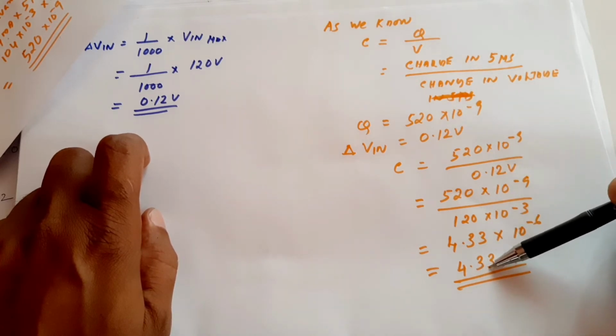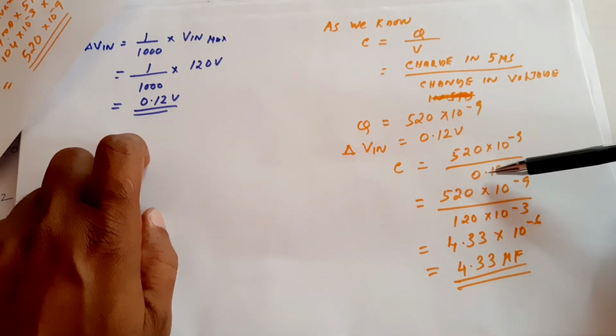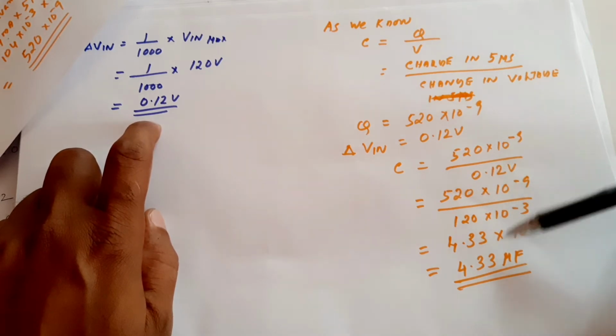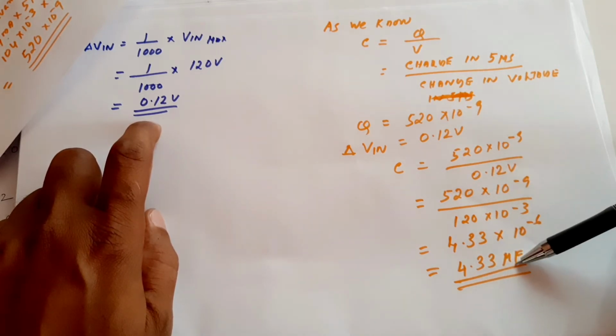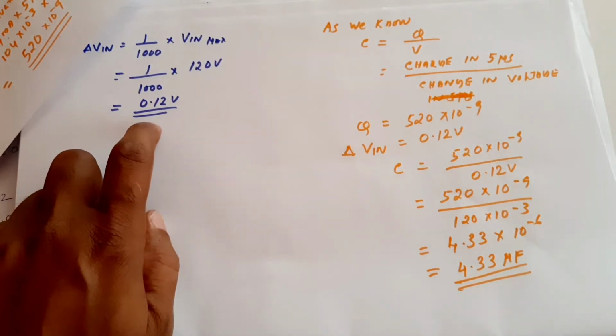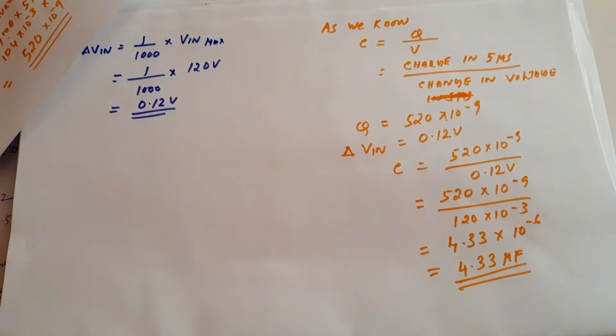If a lower value of capacitor is used, what will happen? The change in voltage will be more. So as the value of the capacitance increases, the change in voltage decreases.